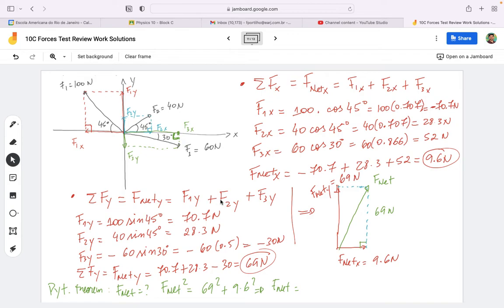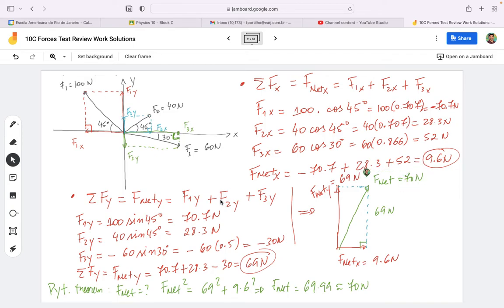So we get 69.99. We can round it off to 70 newtons. So our net force is going to be 70 newtons. And it makes sense because the y component is much larger than the x component. So this impacts significantly in the value of the net force. And this is kind of close to it, as you can see, right?